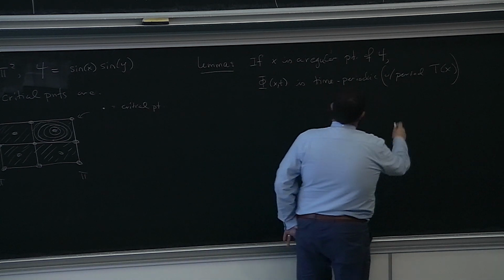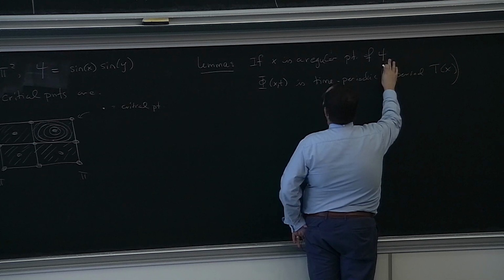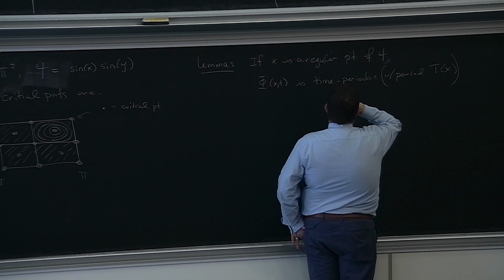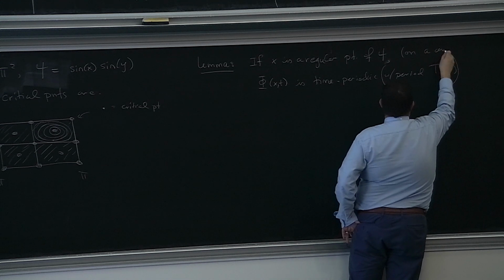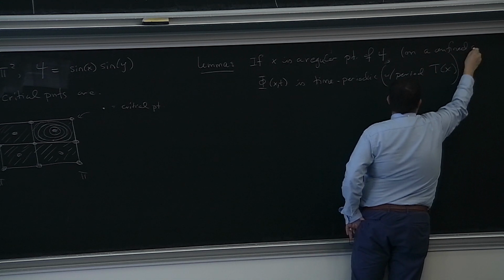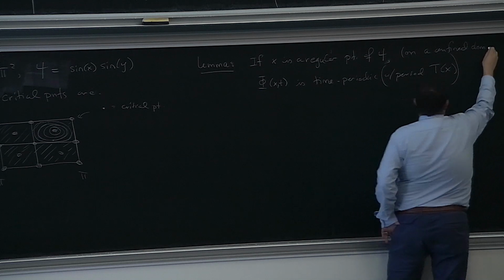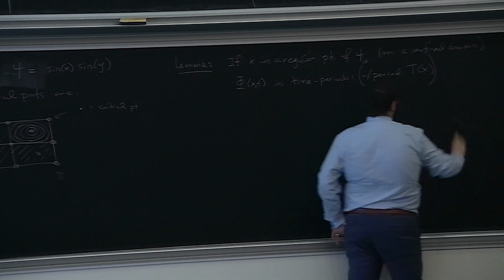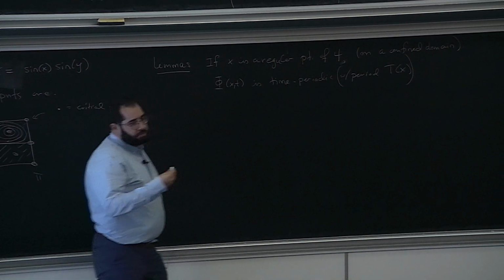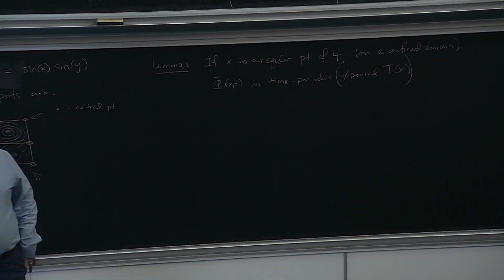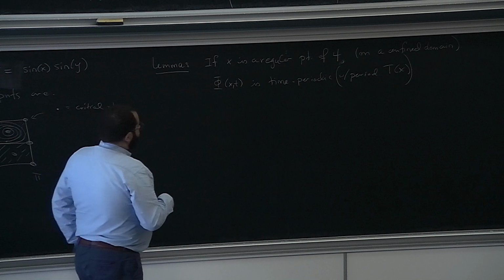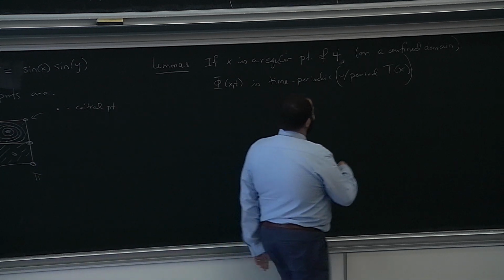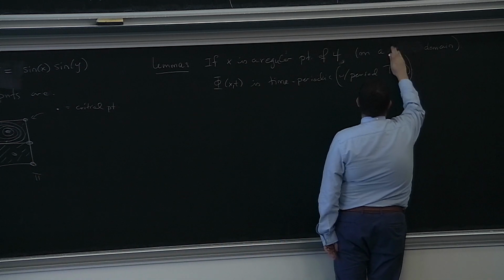So let's just say on a confined domain. Okay, whatever that means. So you'll see from the proof why we use that. Okay, confined is a bad name. So compact domain. Sorry.